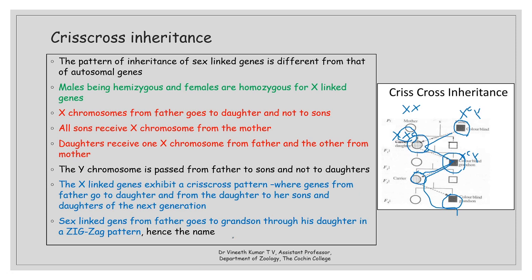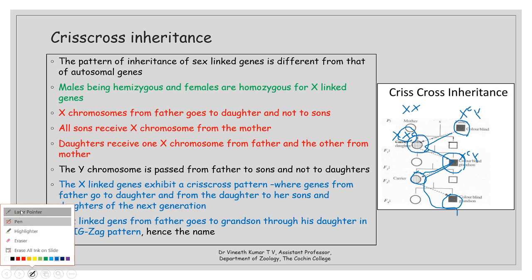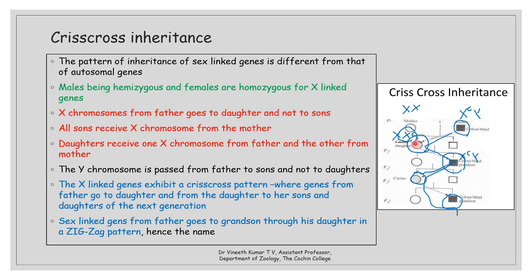In the example which we discussed here, we are considering the other partner to be normal. In this case, the female's partner is normal, and here also the male's partner, the mother, is normal.